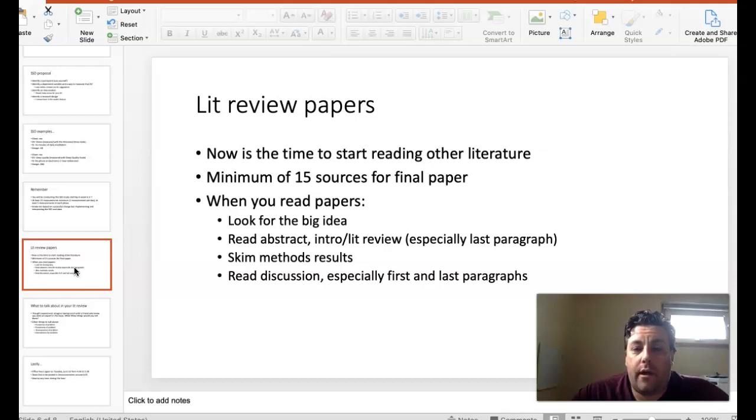I would skim the methods and the results section, but then I would read very carefully the discussion section and especially pay attention to the first and last paragraphs. In the first and last paragraphs in the discussion, that's usually where people will put a succinct overview of what they're doing, and they'll give you those big ideas in a couple of sentences or so.